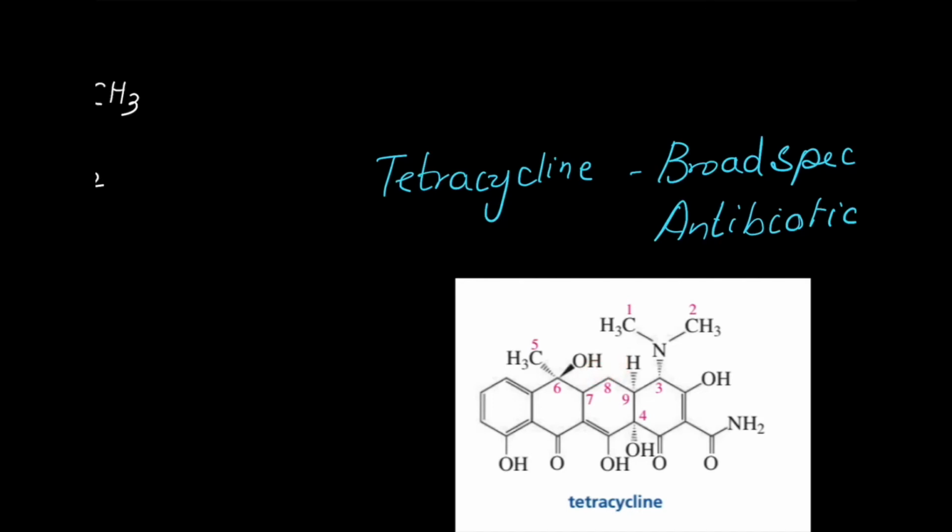But the rest of the carbons, carbon 3, 4, 6, 7, 9, all these are chiral centers. So you can see that there is a total of 5 chiral centers in this molecule, and therefore tetracycline as a whole is a chiral molecule.